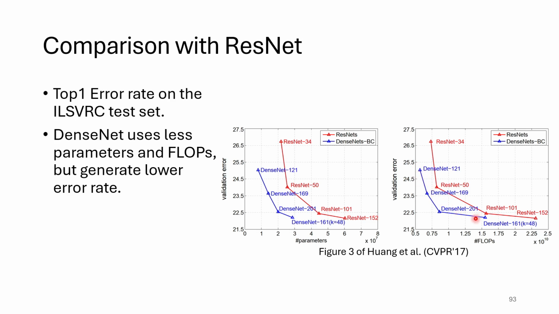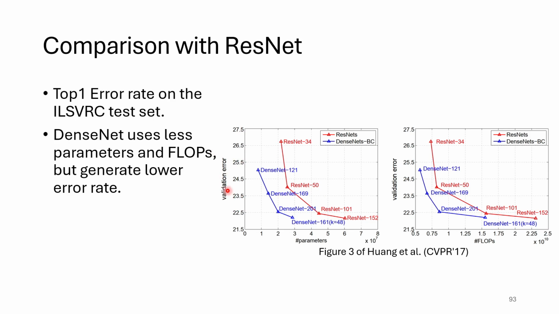From the two curves, you can see that for different DenseNet configurations, DenseNet still uses fewer computational resources than ResNet. The y-axis is the validation error, so the lower the better.